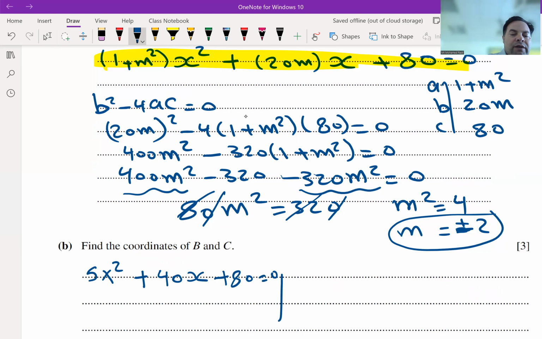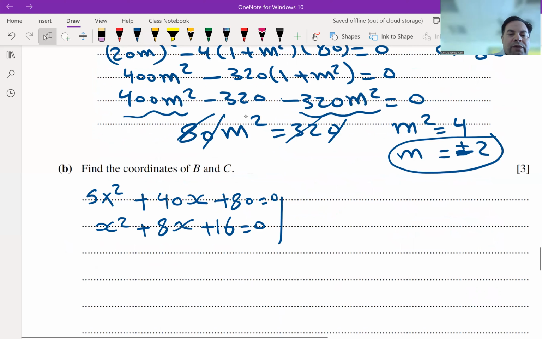You can divide it by 5, so x squared plus 8x plus 16 is equal to 0. You will get only one solution, because if you factorize it, it is (x plus 4) the whole squared, so x is equal to minus 4.